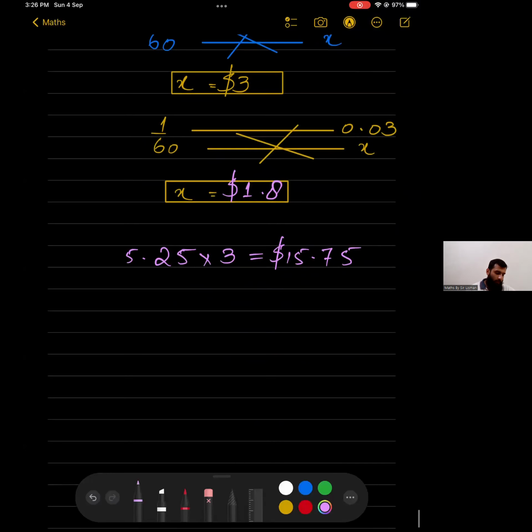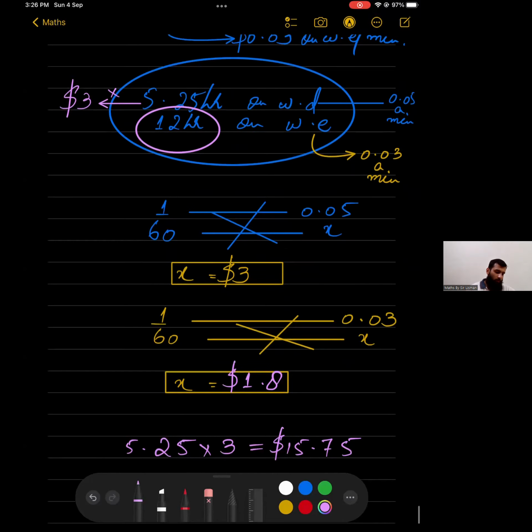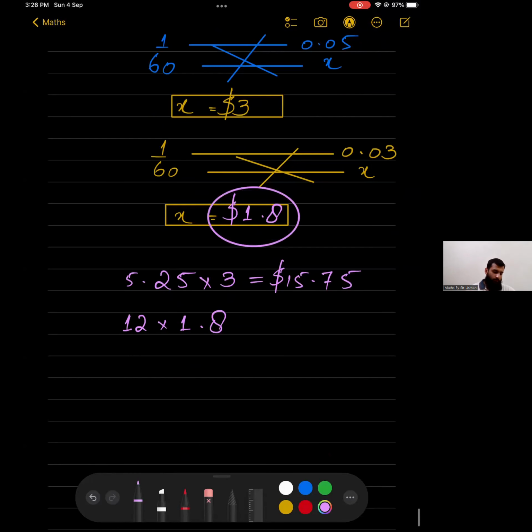वीकेंड्स के लिए भी ऐसे ही करेंगे. यू विल मल्टीप्लाई 12 विद 1.8 विच इज द आवर्ली रेट. अब देखें 12 आवर्स इन्होंने यूज किया इंटरनेट एट अ रेट ऑफ 1.8. So this is going to be... can anyone of you tell me the answer?